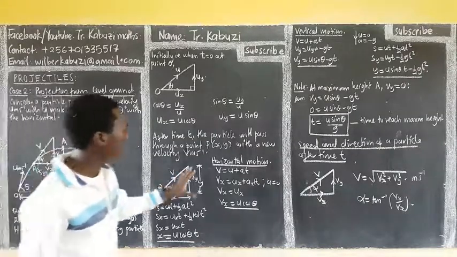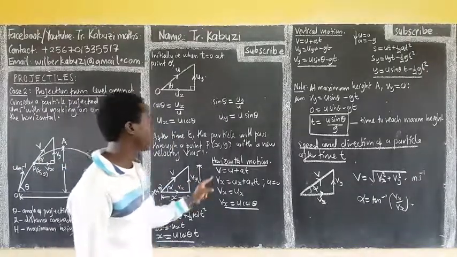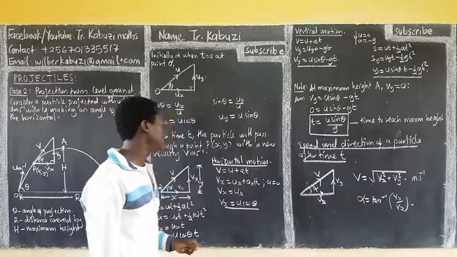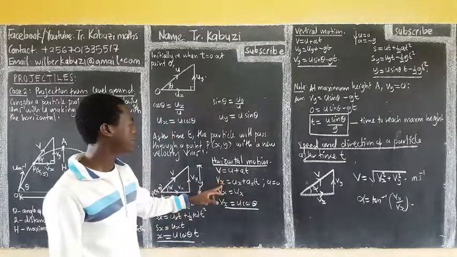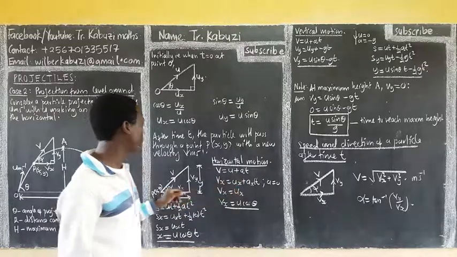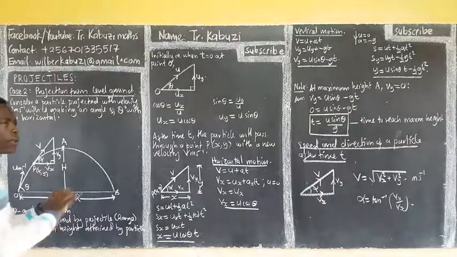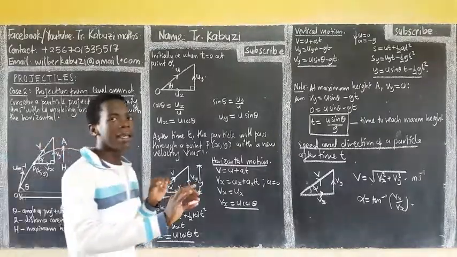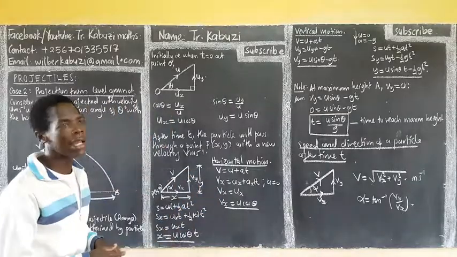Now, what is the horizontal motion? Remember the first equation of motion, v equals u plus at. Now, we are moving horizontally, so vx in our horizontal motion is going to be ux. But remember, if we are moving in horizontal motion, the acceleration there is 0, because horizontal means you are not changing the velocity. And if there is no change in velocity, then there is no acceleration.